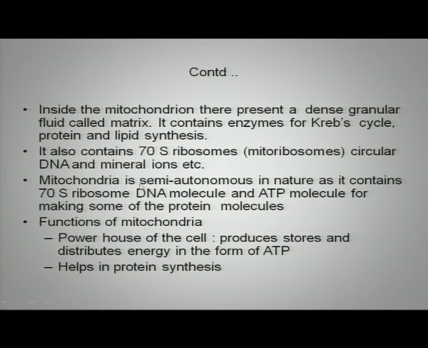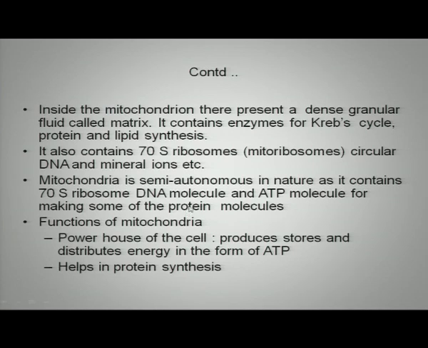Mitochondria is a semi-autonomous organelle or a self-replicating organelle, as it contains 70S ribosome, the circular DNA molecule and ATP molecules, which are highly essential for making some of the proteins.